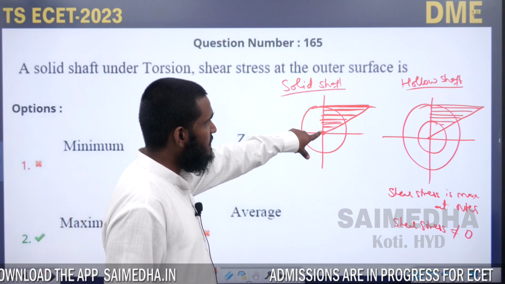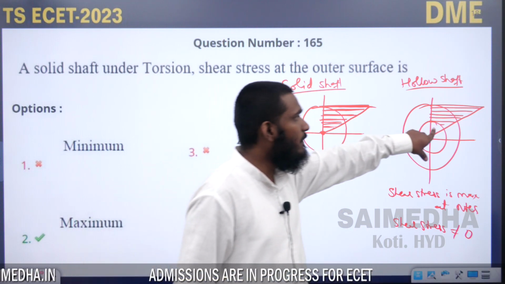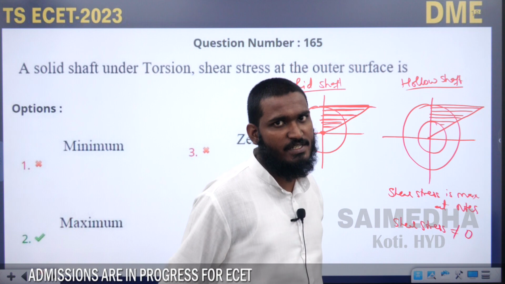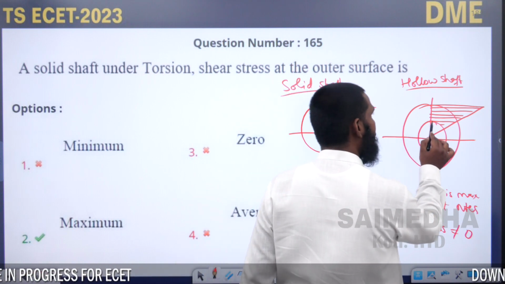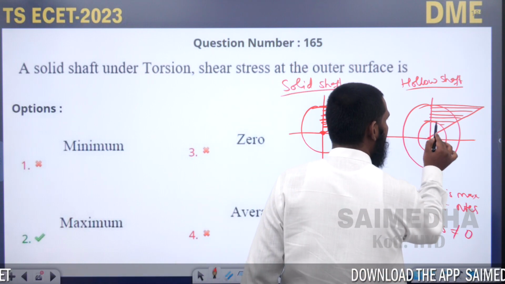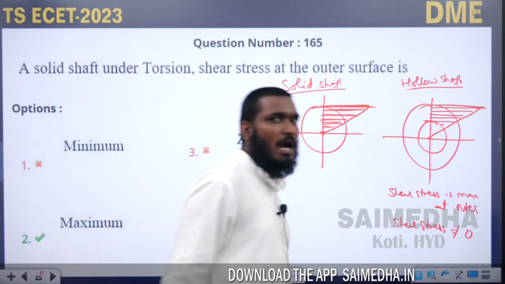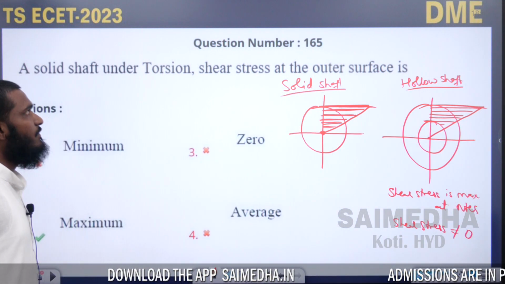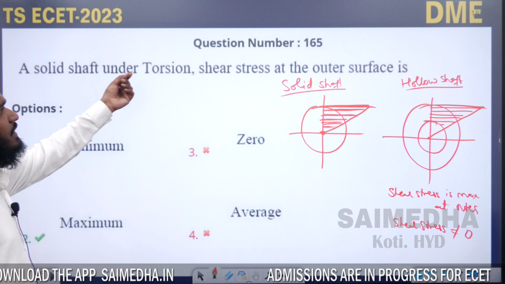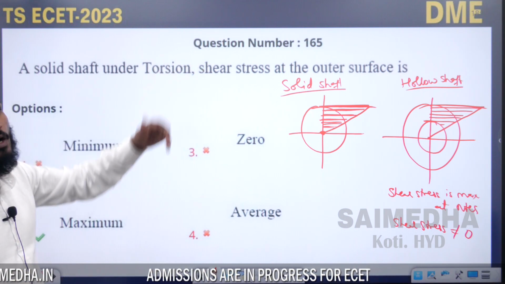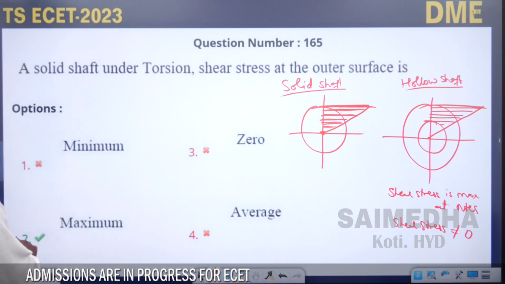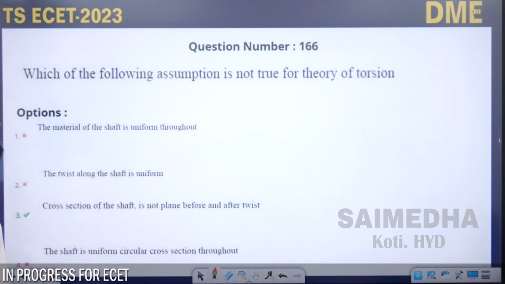In the solid shaft, shear stress is 0 at the center, but over here we are not getting any 0 shear stress. It will be minimum at the inner surface, maximum at the outer surface. So what is the question? Solid shaft under torsion, shear stress at the outer surface is maximum. Option 2 is correct.